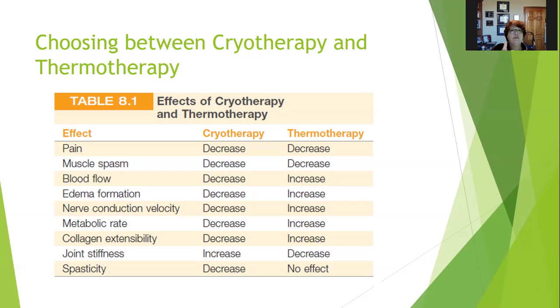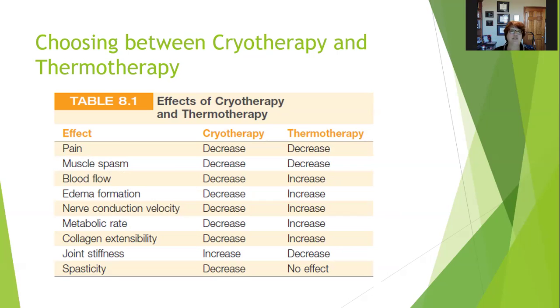Thermotherapy increases metabolic rate and cryotherapy decreases metabolic rate. So if you're trying to speed up healing, thermotherapy might be your choice. Collagen extensibility: thermotherapy increases it, cryotherapy decreases it. So if we're trying to increase collagen extensibility, we want thermotherapy.